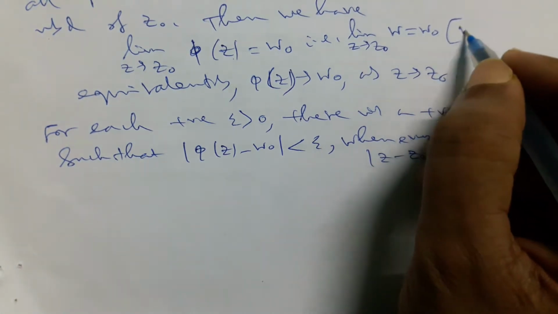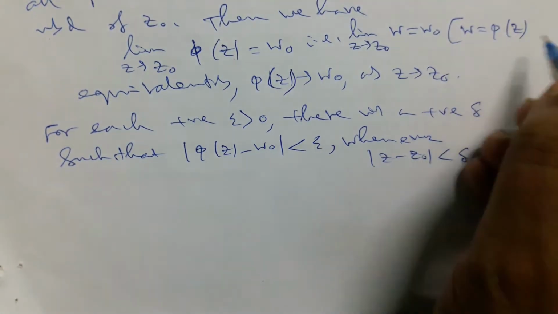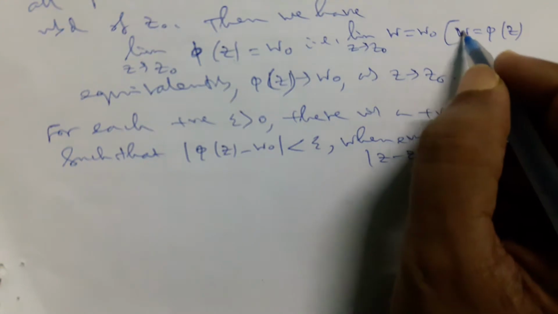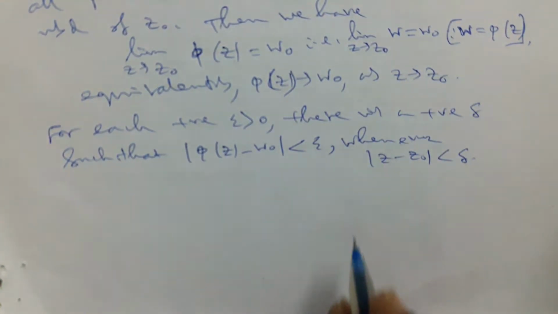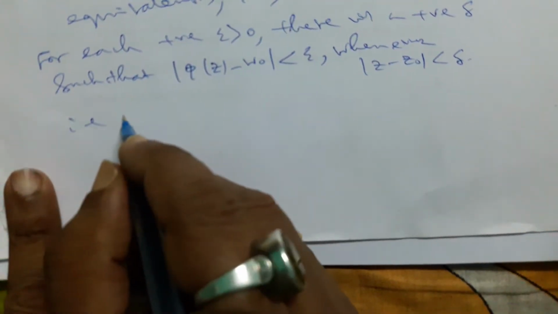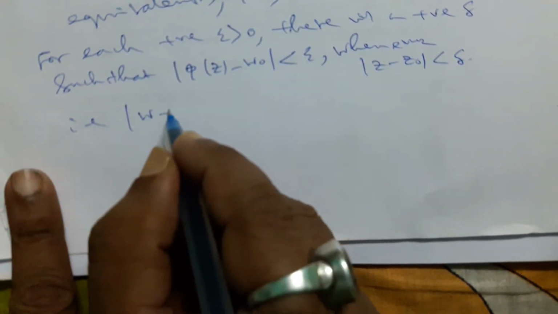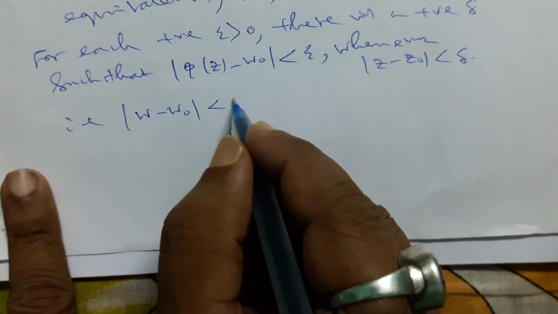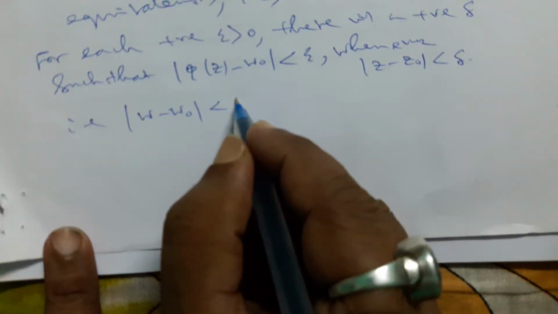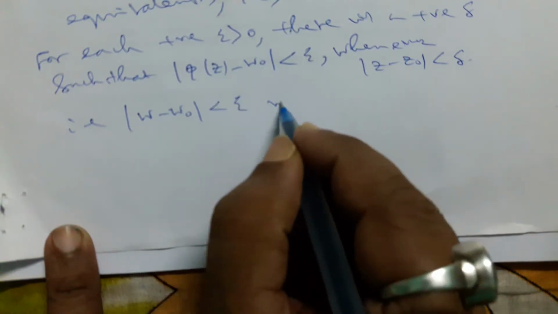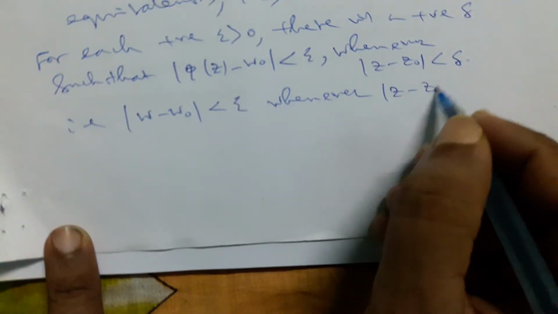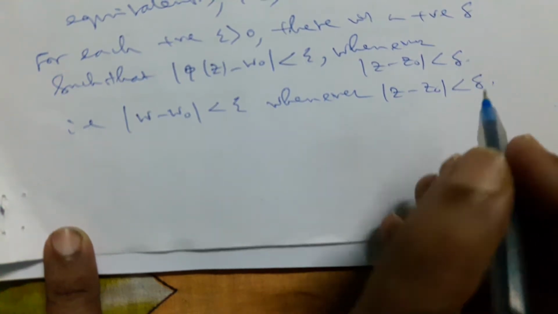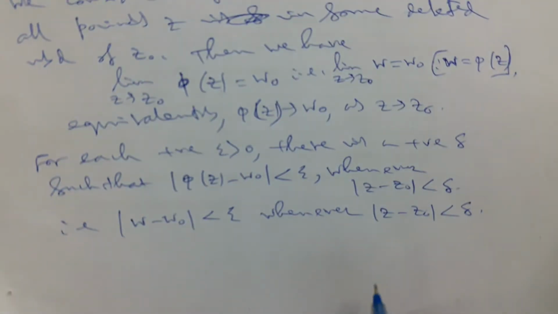Here W equals phi of z. If we consider it in this way, then we can write W minus W0 is less than epsilon whenever mod of z minus Z0 is less than delta. So we complete our definitions.